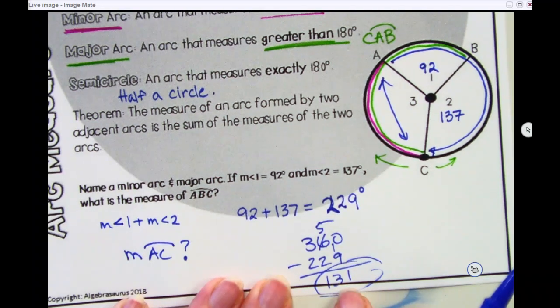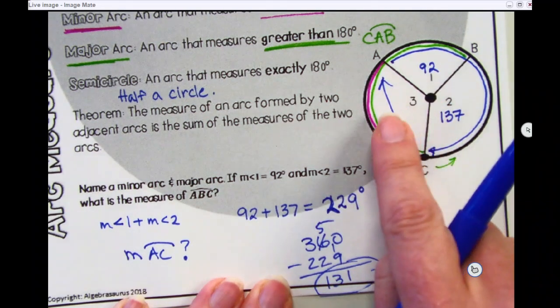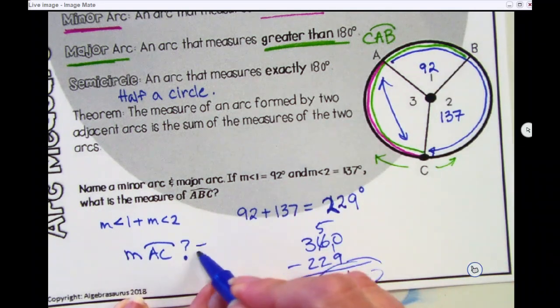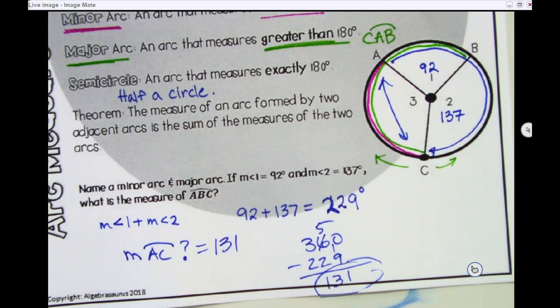So if 131 is the measure of angle 3, what is the measure of the arc? 131. Wyatt, you want to ask me now? Is that it? That's it. There's a little bit of a review from what we did yesterday. The question is, what's the measure of ABC? We already answered that one. ABC is 229. And then I added another question so we could find the measure of arc AC. Boom.